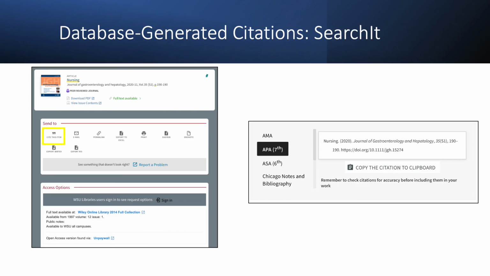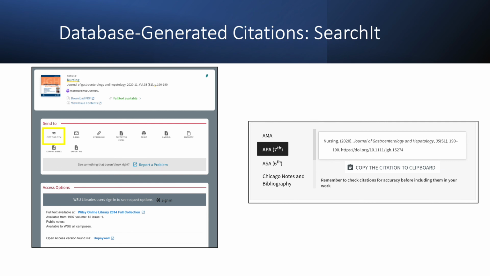I also alluded before to some citation generators that will be helpful. These are actually built in to many of the online resources that we provide through the library. If you're searching Search It, which is our discovery service where you search one search bar and it looks at many different databases, then you can actually click the Cite This Item button and it will pull up the APA citation right there.